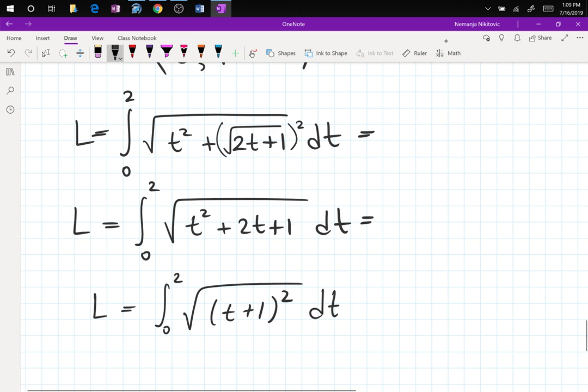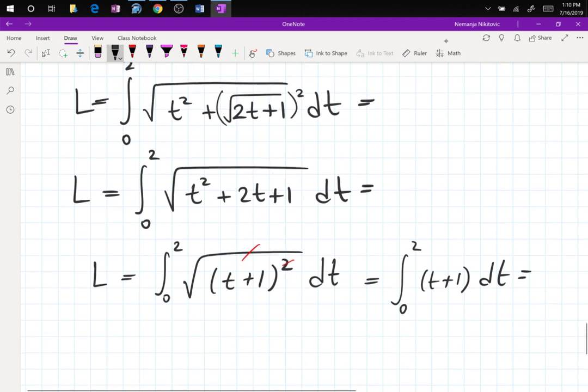So those are the only options that you have until we're done with chapter 8. So now the square and the square root annihilate each other. There we go. And you are left with the integral 0 to 2 of just t plus 1 in parentheses dt. That's going to be t squared over 2 plus t from 0 to 2.